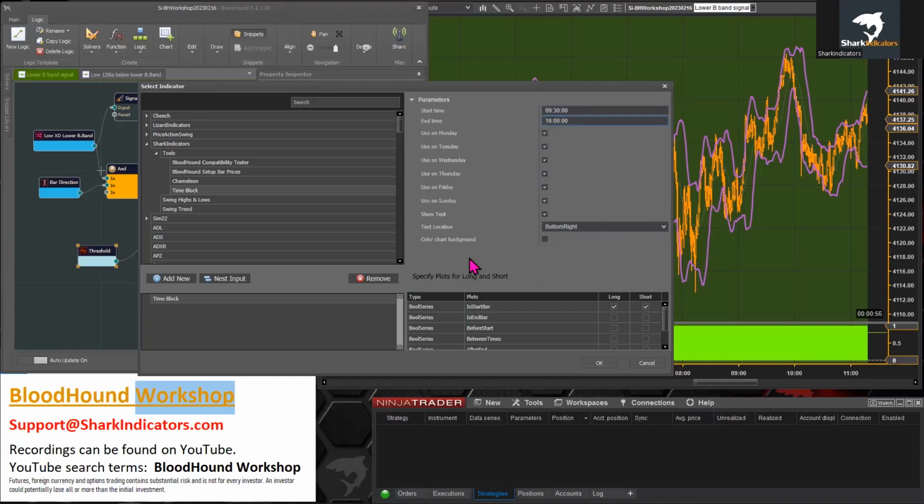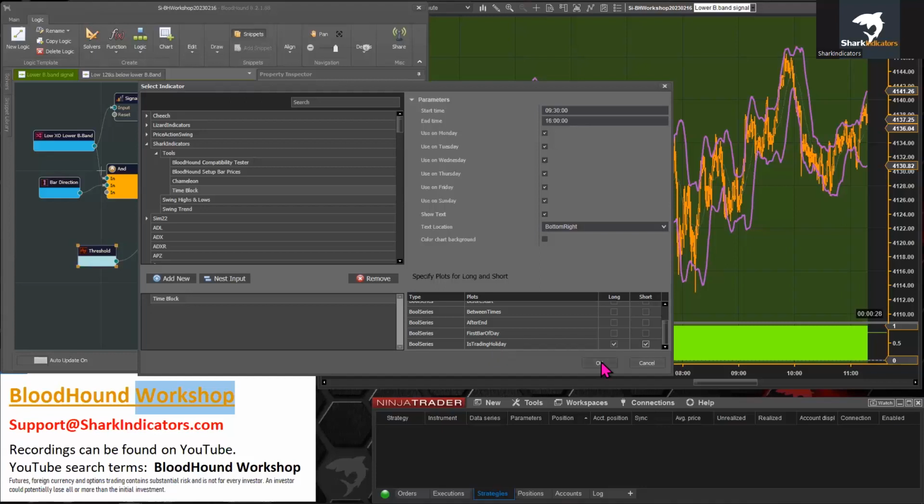Let's see, is there a setting? No, there's no setting. But if you look at all the outputs down here, there's one called Is Trading Holiday. So you can identify holidays in your backtesting, so you can kill the signals during holidays.